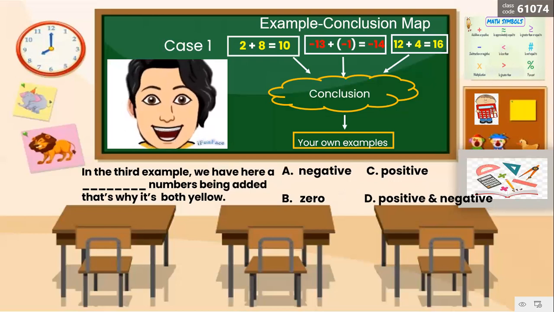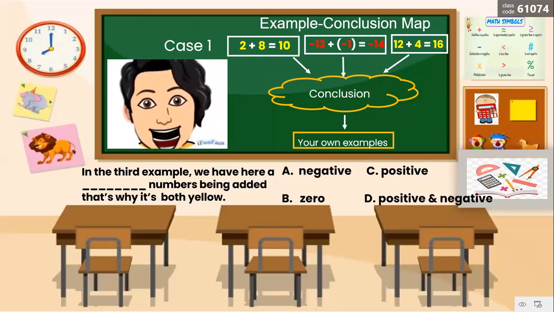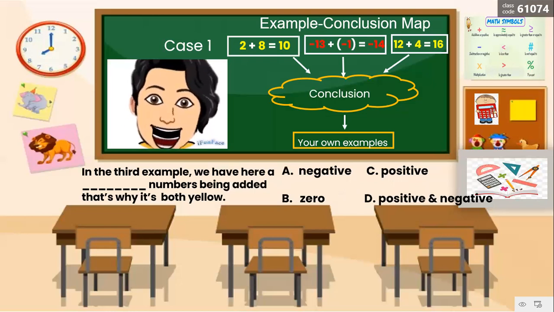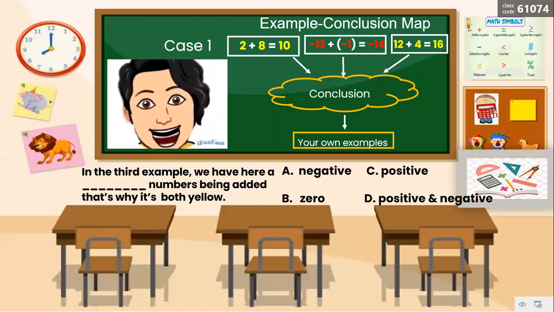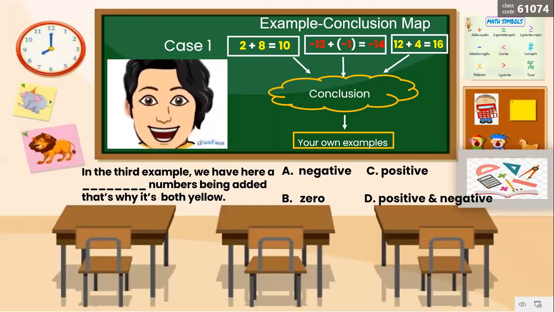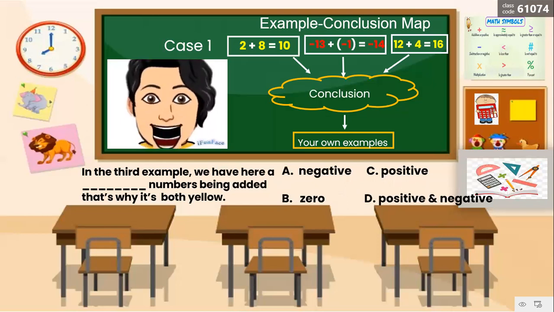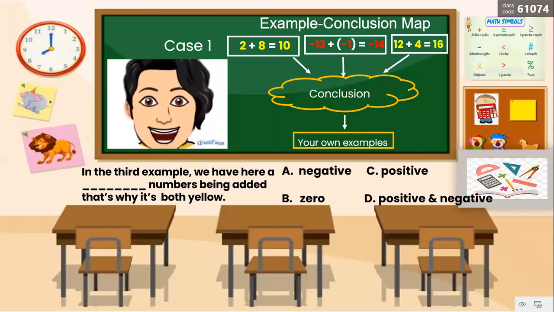That's why it's both yellow. What is the missing word? Is it negative, zero, positive, or positive and negative? Very good answer. The correct answer is positive. So with that, what pattern did you observe for these examples? Wow, very good. Perfect answer. So great job.